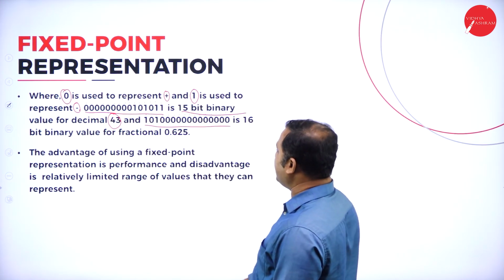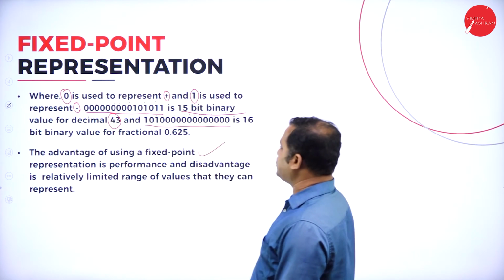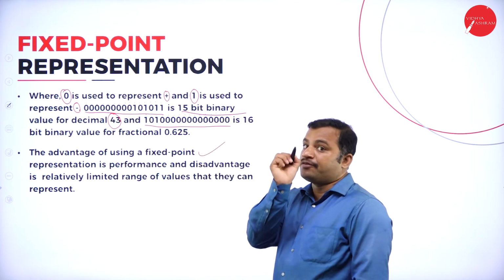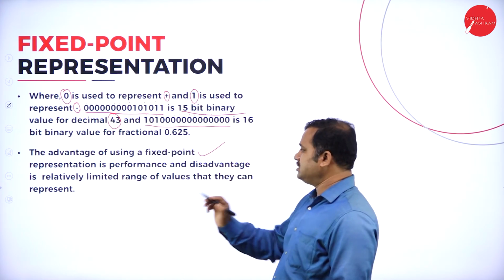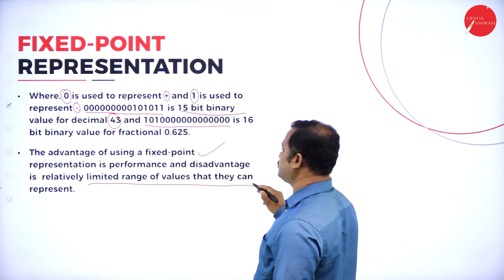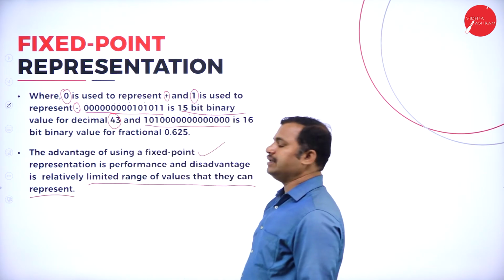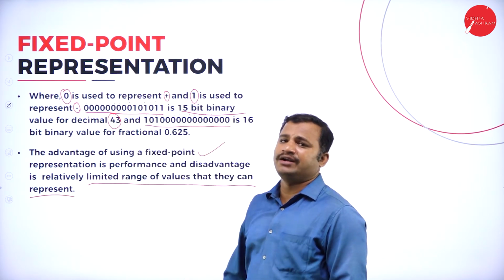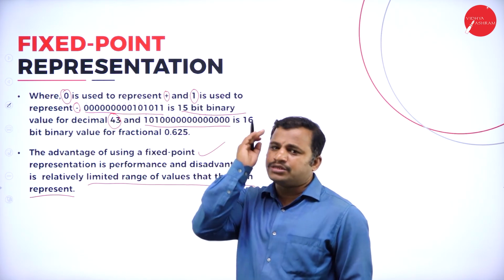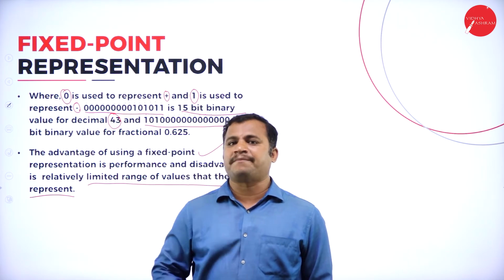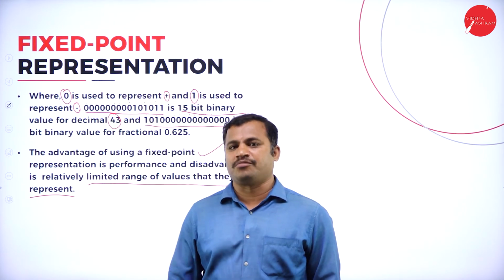The advantage of using the fixed point representation is that performance is very good. But there is a disadvantage, that is the limited range of values that can be represented. That is the disadvantage of using this representation. Other than that, it is very useful and very good to represent numbers in these formats.